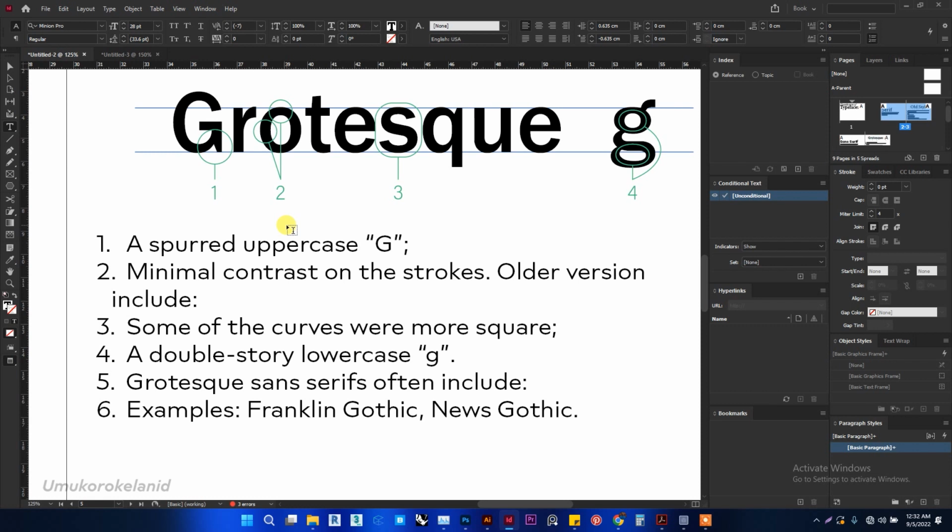Some of the curves were more squared, and also a double story lowercase G, as we can see on the number 4, and few examples of these are Franklin Gothic, News Gothic. Like my favorite typeface, the Novera and all of that, they are sans serif fonts.